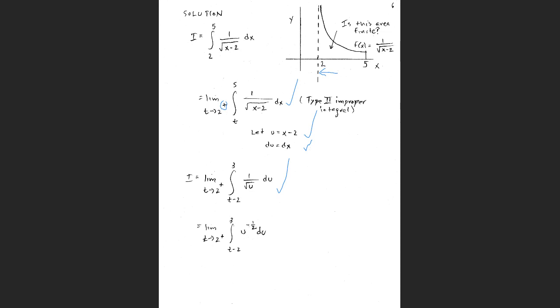The 5 becomes a 3 because u is equal to x minus 2, so 5 minus 2 is 3. And the bottom limit becomes t minus 2, because u is t minus 2.